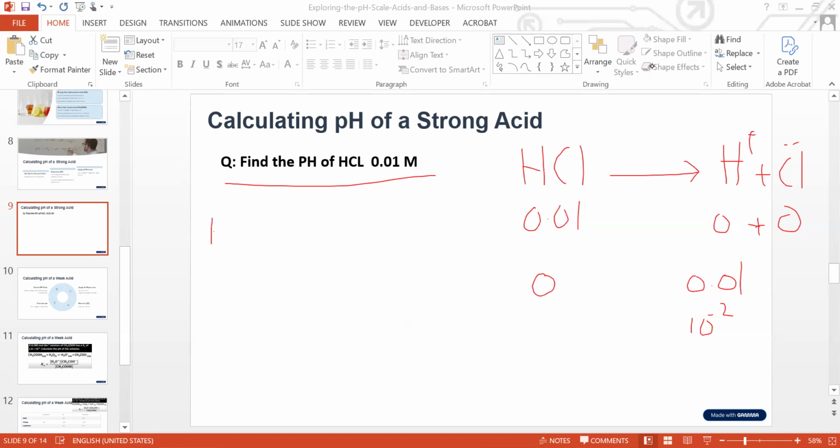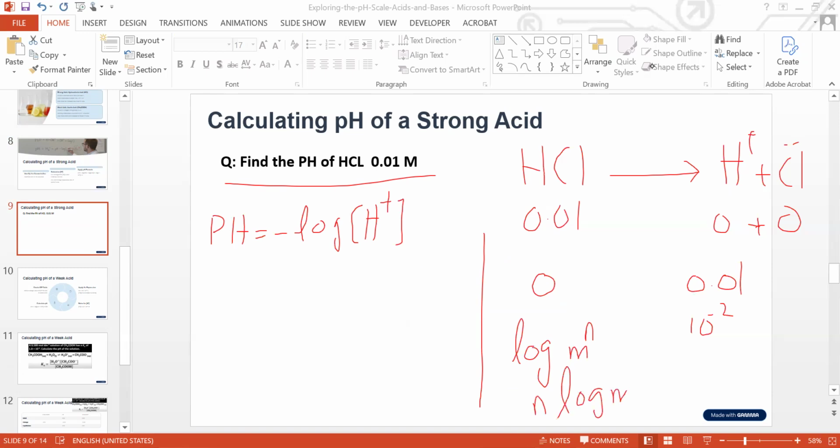Now, the formula is pH equals negative log of the concentration of hydronium ion. We know that in logarithms, log of m raised to power n is equal to n log m.